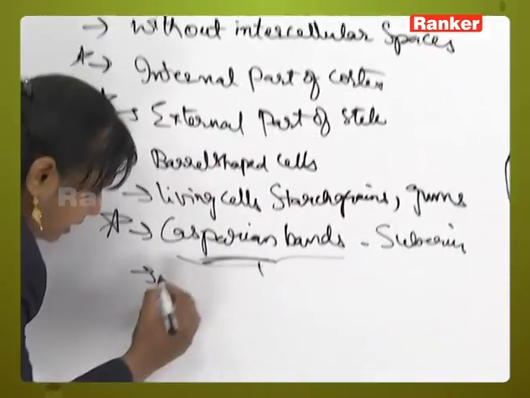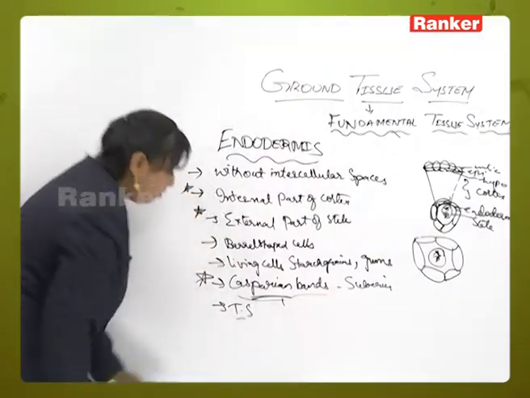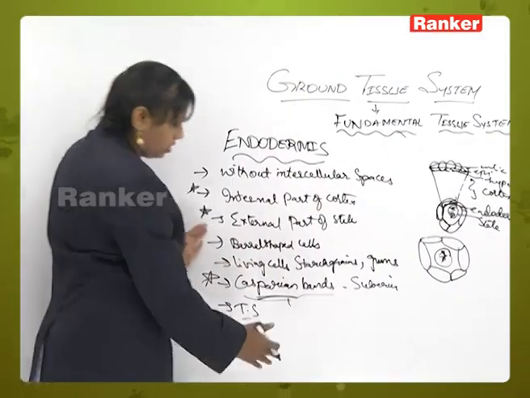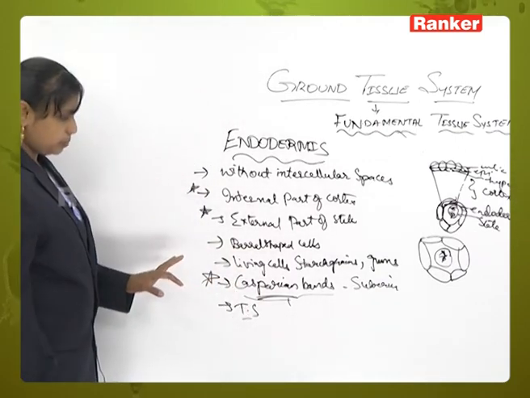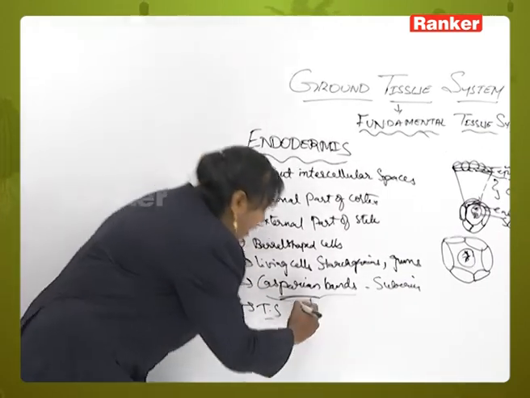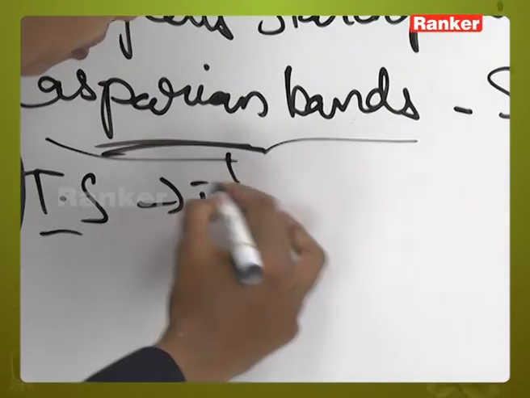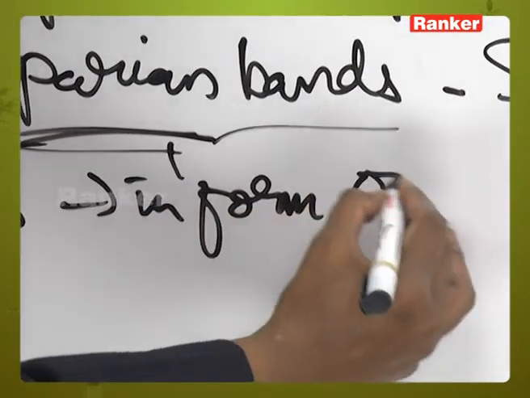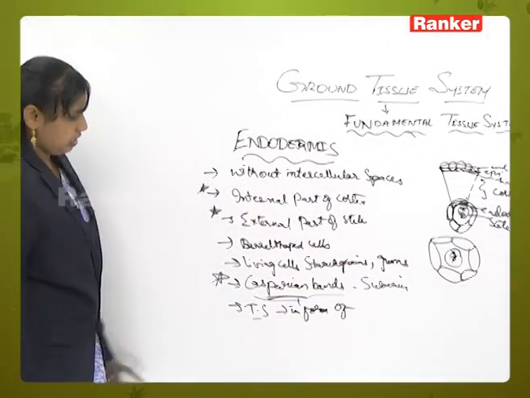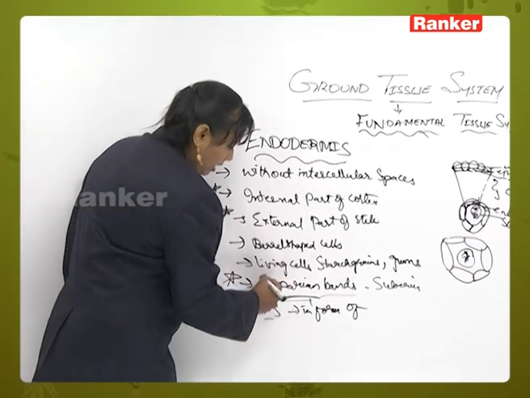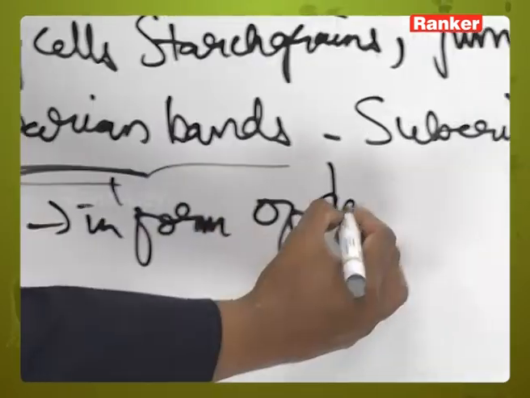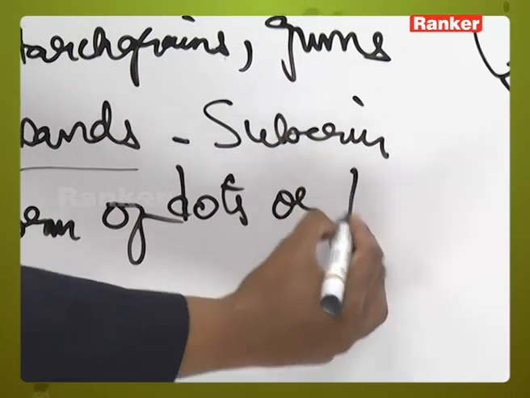Okay. When we see the transverse section of the endodermis, how do you see the Casparian bands? In transverse section, these Casparian bands will occur in the form of dots or threads.